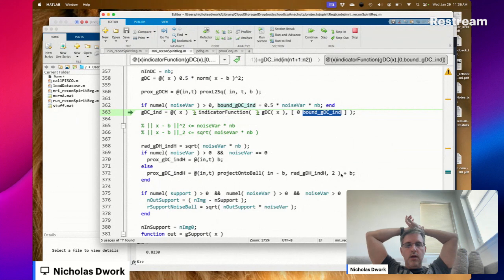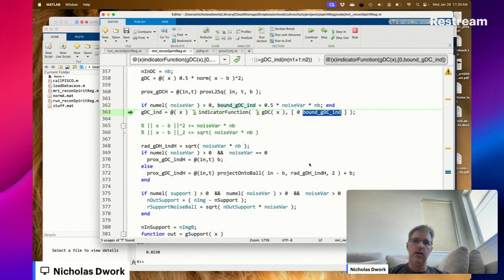Oh! Wait. I thought maybe I needed like a divide NB here. But now I'm seeing that there's a multiply NB here. This is times 10 to the negative 11.